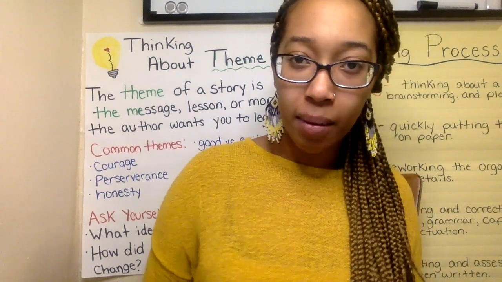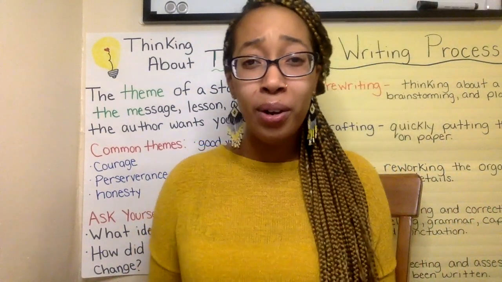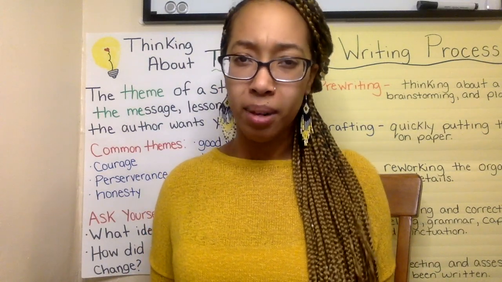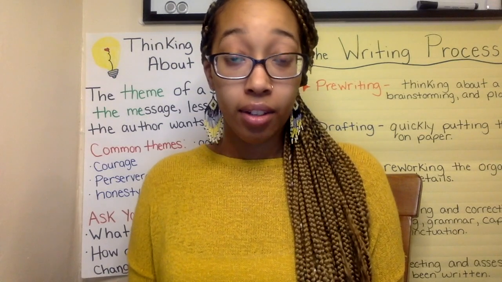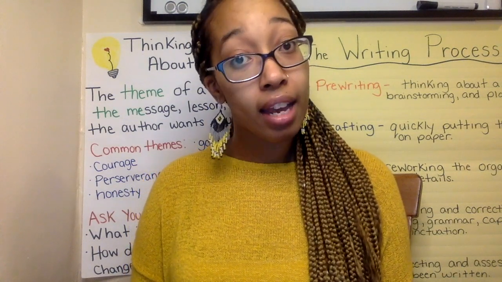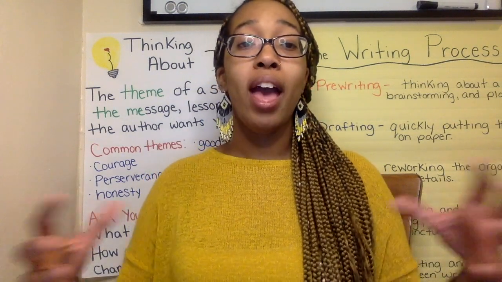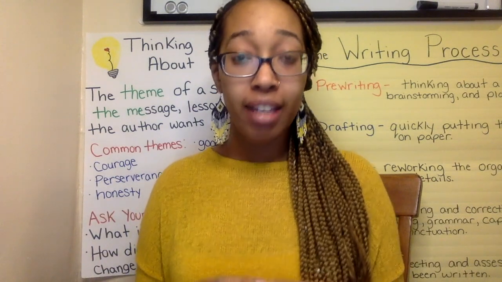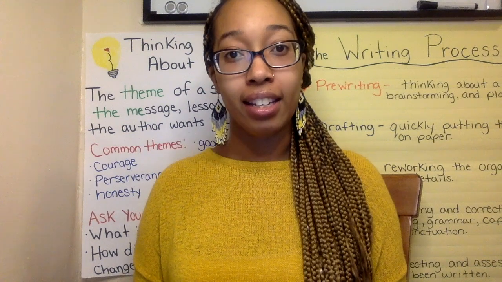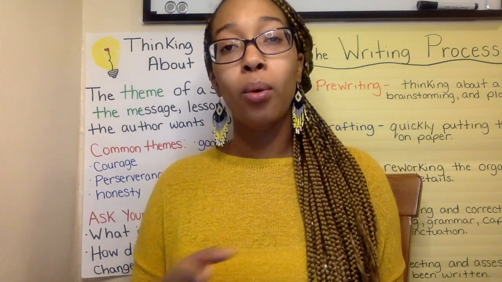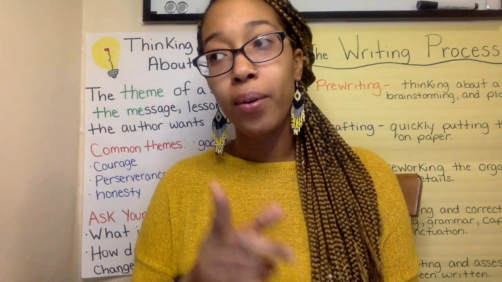Okay? Now that we have that, in order for us to learn about the theme, we must have some key details. What is a key detail? Key details are simply the important parts of the story. They can have characters, they can describe the setting, but mainly they tell you everything that you need to know, all the pieces of information to help you explain the main idea or the most important part of the story, which helps us out with the theme.